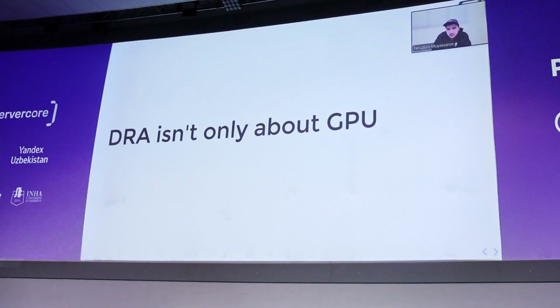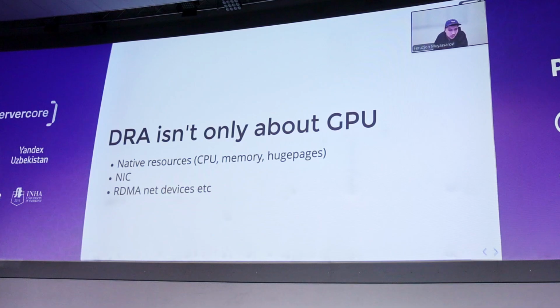But DRA isn't only about GPU resources. Sure, it was originally created for managing and allocating GPU resources, but eventually it ended up being bigger than that. So nowadays with DRA, you could also allocate even the native resources, like CPU, memory, huge pages, and so on. Those are resources that you normally allocate on the pod spec. You could allocate network interface cards.